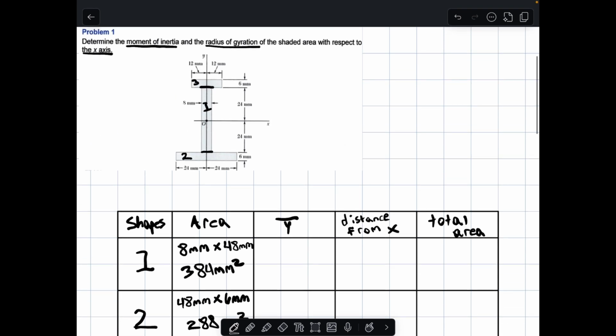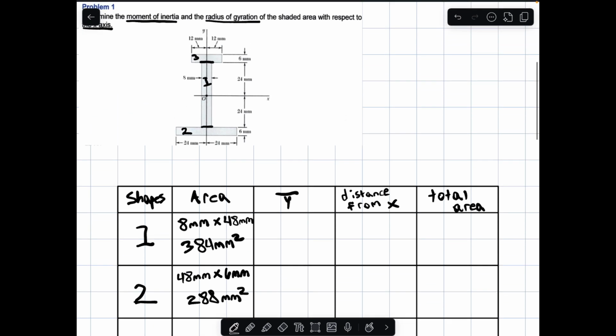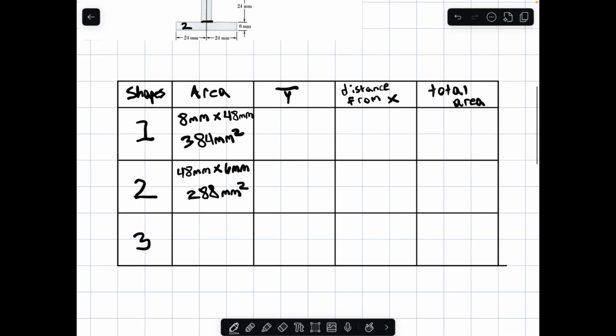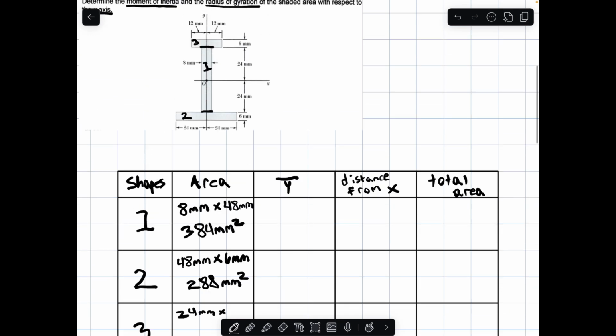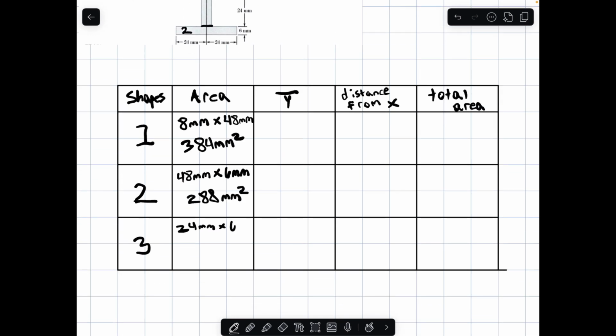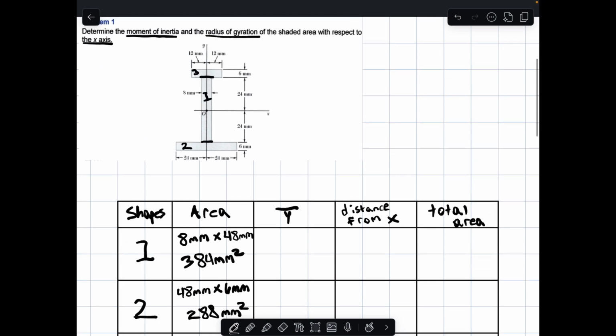And for the final rectangle, we have 12 plus 12, which is 24, times 6. And together, that is 144 millimeters squared.